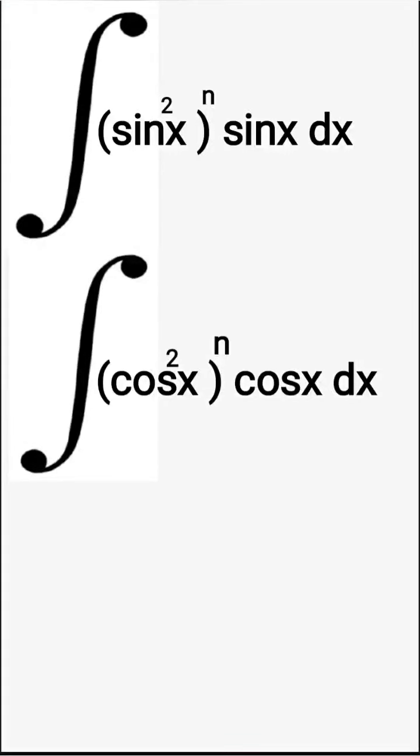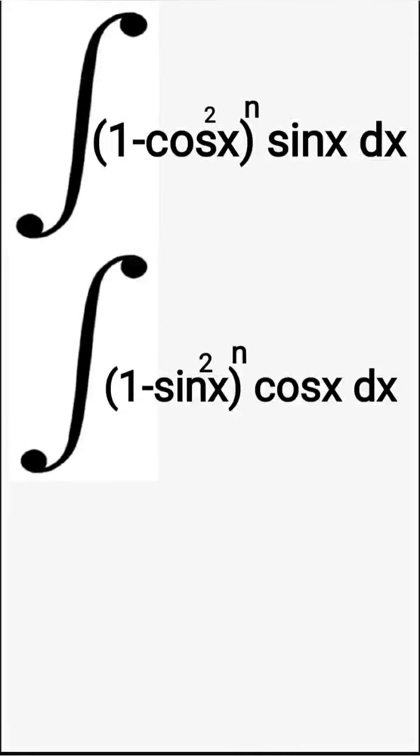Now instead of sine square x we write 1 minus cosine square x, and instead of cosine square x we write 1 minus sine square x. From here we can use substitution method. In first integral we put cosine of x equal to t, and in second integral we put sine of x equal to t. Now let us use this technique to evaluate some integrals.